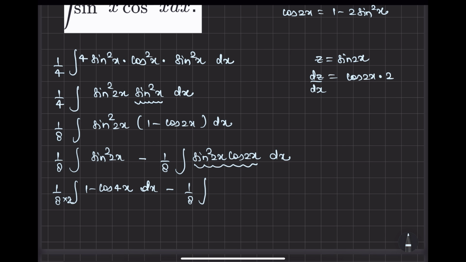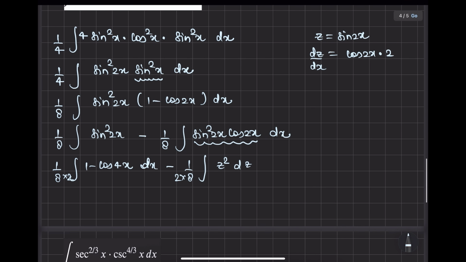Okay, now do the simplification part. So cos 2x dx will become dz by 2, and then z square dz. Is that okay? Now who is your z?